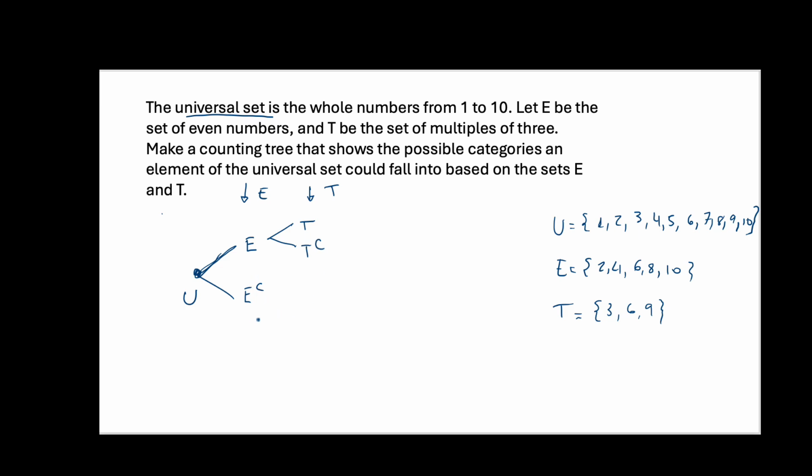And you can have a not even number and still be a multiple of 3. Again, this is the structure of counting trees set up for sets: these layers of decisions about the sets that we are analyzing.